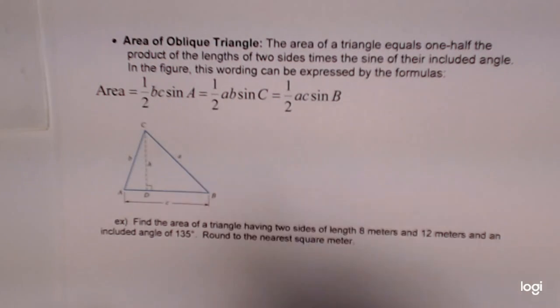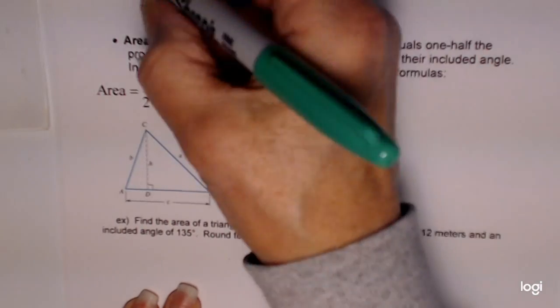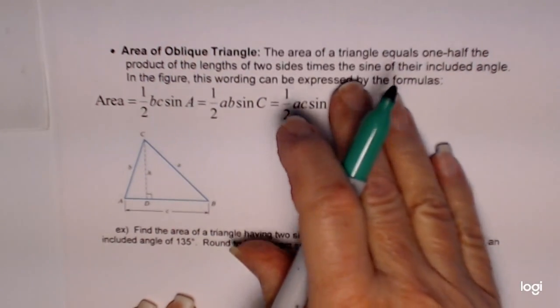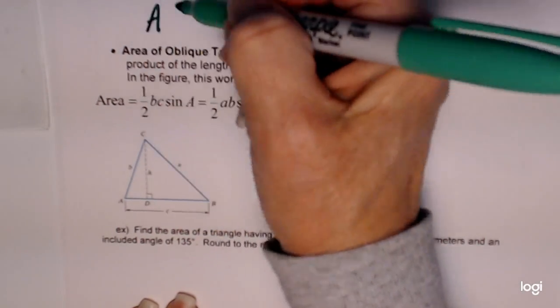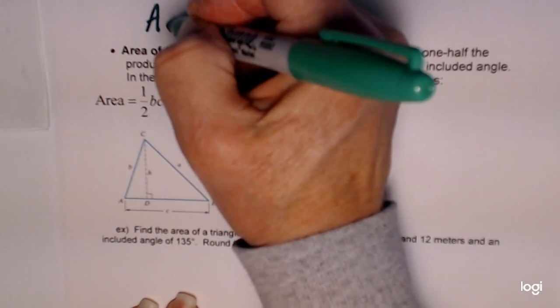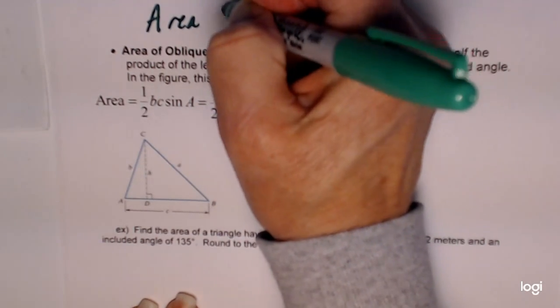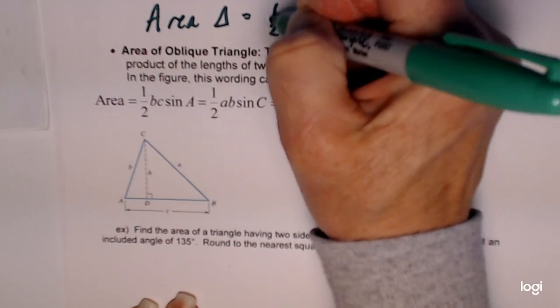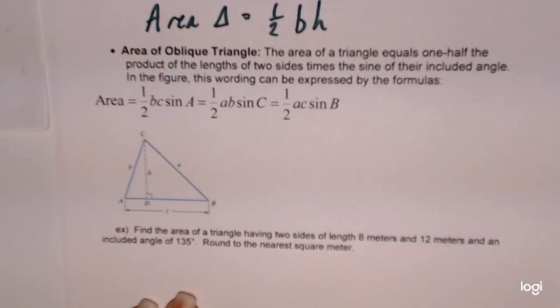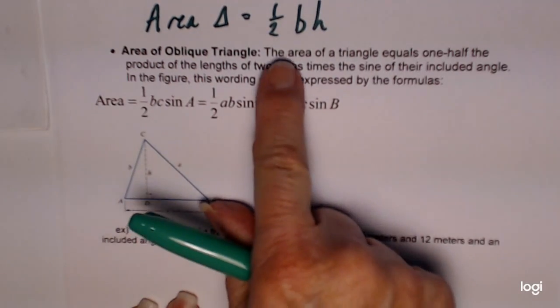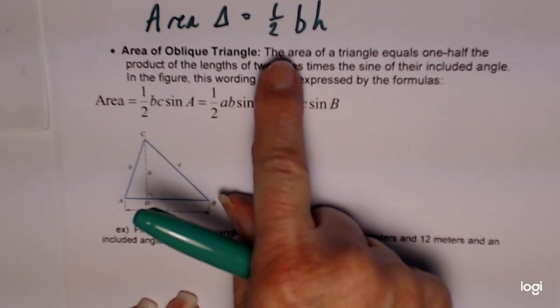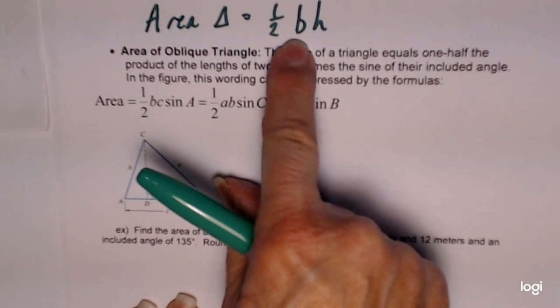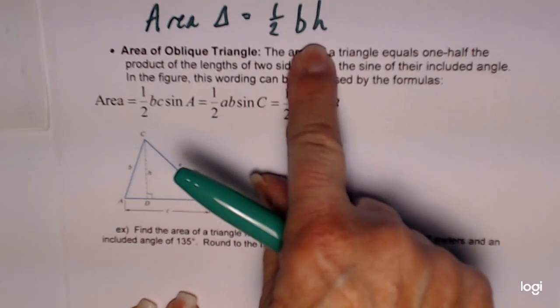If you think back in your math studies over the years, you've looked at something that the area of a triangle is 1/2 the base times the height. And when you've used this formula to find the area of a triangle, the base is pretty self-explanatory, the base of the triangle.